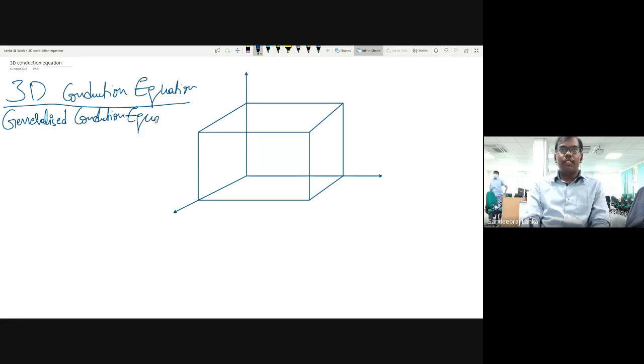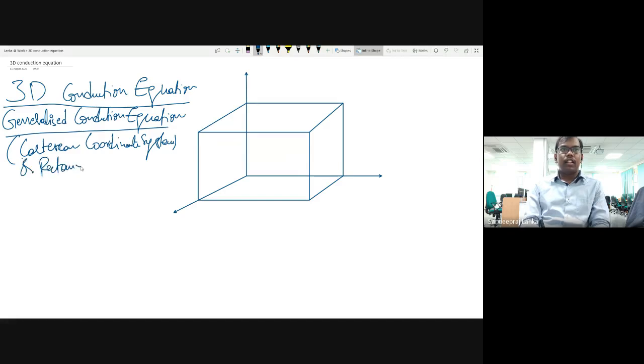And today we are going to solve this in the Cartesian coordinate system. Basically, you have to solve this in three systems. That is Cartesian, meaning rectangular. This is also called a rectangular system. And the other thing is your polar coordinate, that is your cylindrical system. The other thing is spherical. So three derivations you will have.